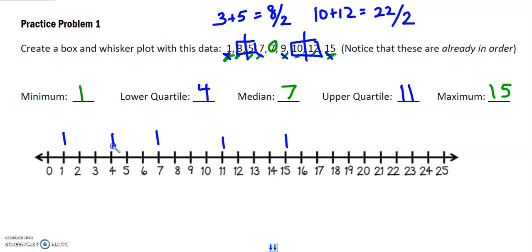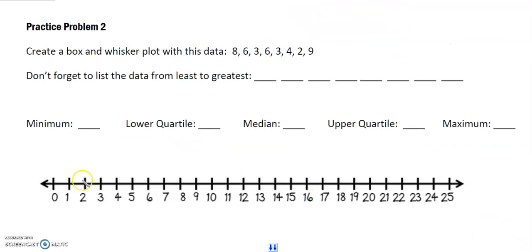And remember, I connect the middle 3 to make a box. And then my outside 2 are just whiskers. You may have heard this called box and whisker plot. It's also called box plot because it makes a box. All right, I'm going to go ahead and pause this and let you try the next two.